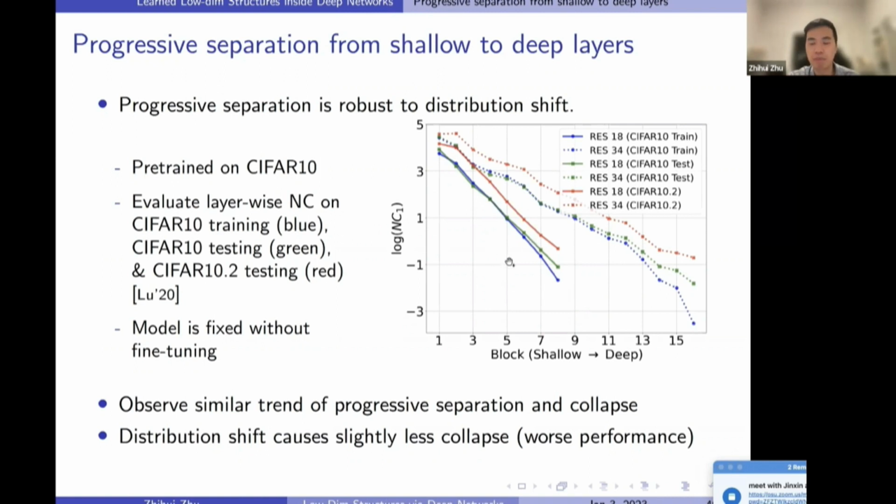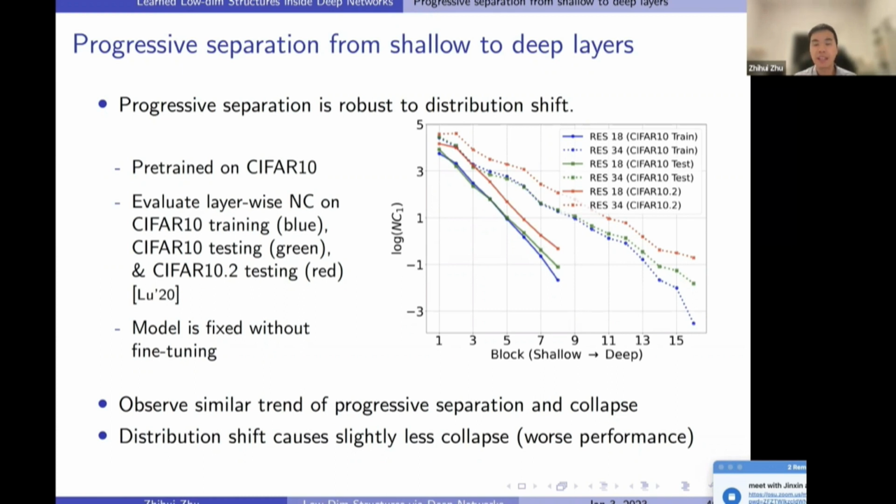In the right figures, the solid curves correspond to ResNet-18, and the dotted curves correspond to ResNet-34. If we look at the solid curves from bottom to top, they correspond to the CIFAR-10 training samples, the CIFAR-10 testing ones, and the CIFAR-10.1 and CIFAR-10.2 testing samples. What we can observe is that all three curves have a similar trend of progressive separation and collapse.